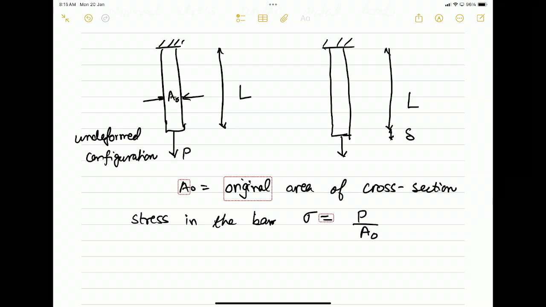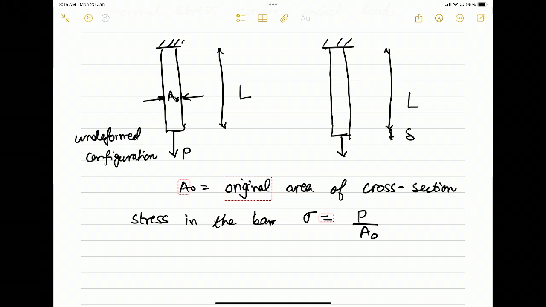The stress in the bar, we write it as P divided by A0. But now, if you really think about it, this will not be a unique definition, because does the area A0 stay the same or does it change when the load is applied?